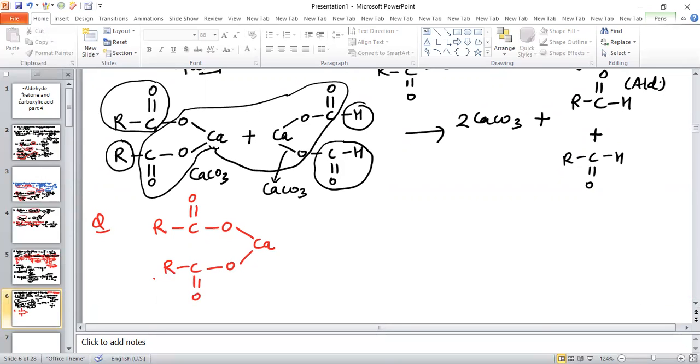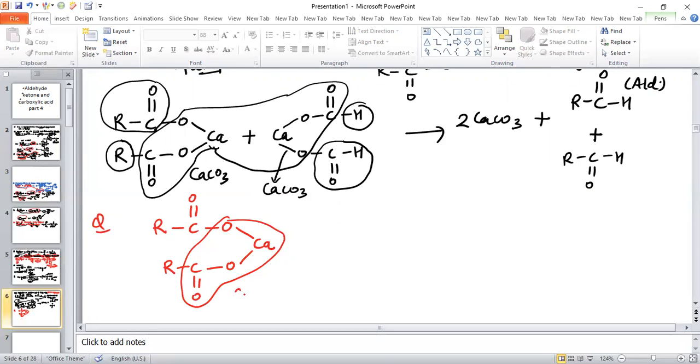Now see what happens in this case. This calcium carbonate is removed.